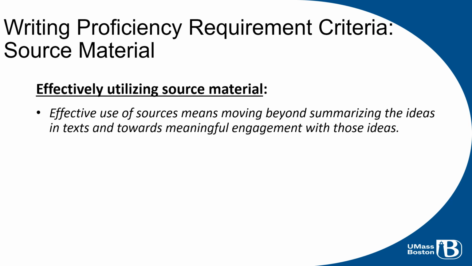A proficient essay engages in conversation with sources by connecting the source's ideas to your essay's purpose and argument. A proficient essay relates the source's ideas and materials to your own ideas and makes that relevance explicit. A proficient essay explains and contextualizes ideas from sources, possibly by briefly reviewing the source's argument, putting their ideas into your own words, or illustrating them with fresh examples.